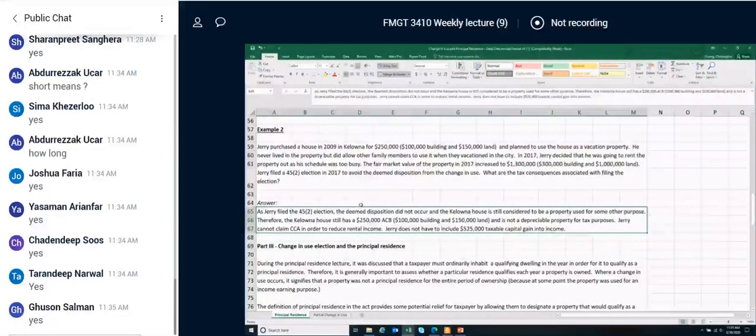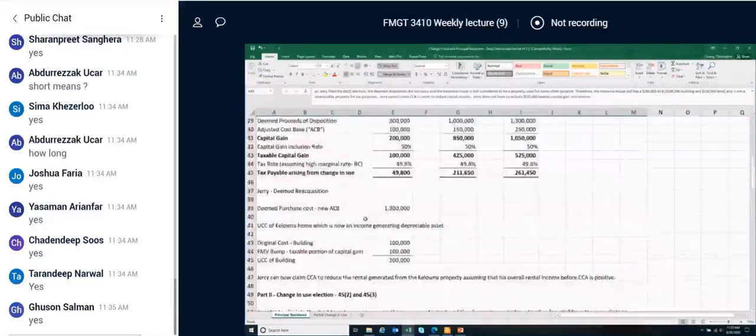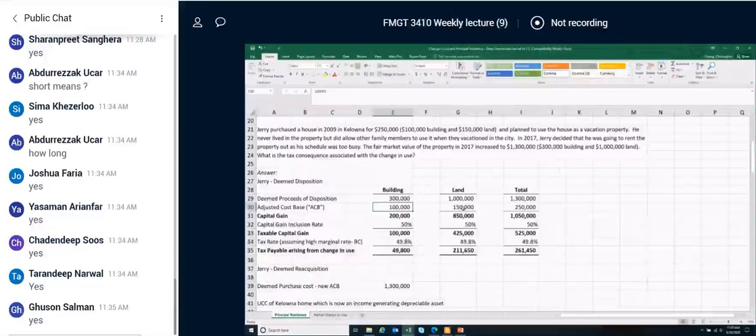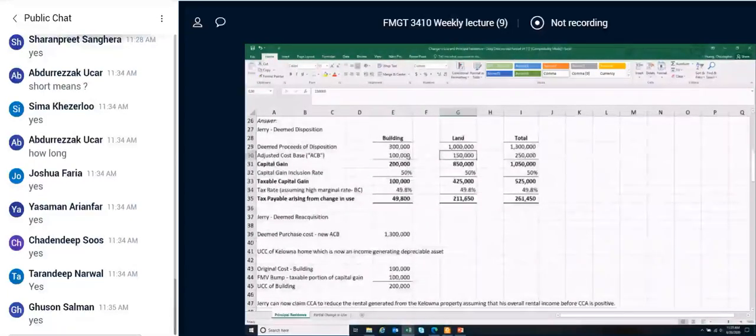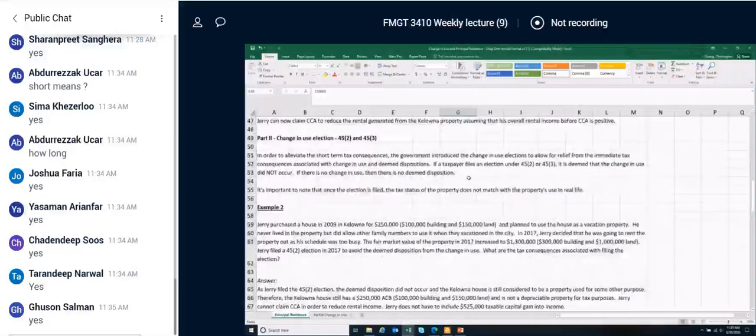But what that means is, for cost base, the land and the building, these cost bases do not change. You sell the property later on, the cost base is still going to be 100 for the building and 150 for the land. That's still going to stay the same because you said we pretend that change in use didn't occur.